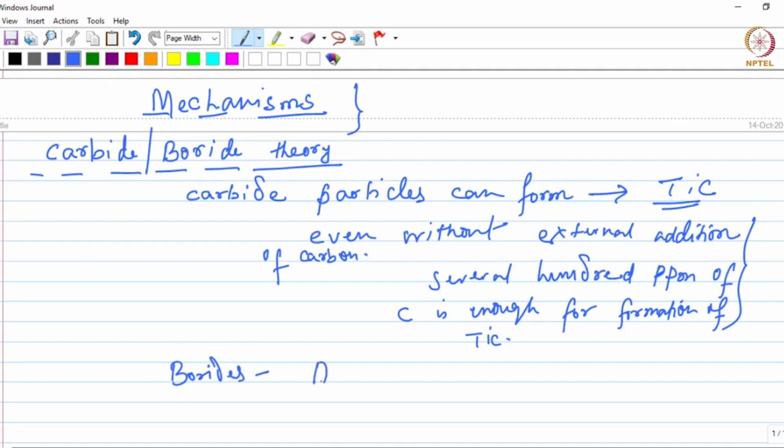So borides such as aluminium boride, titanium boride, or a complex boride like aluminium titanium boride can form in the liquid metal as you add these grain refiners, and this will lead to heterogeneous nucleation, right?